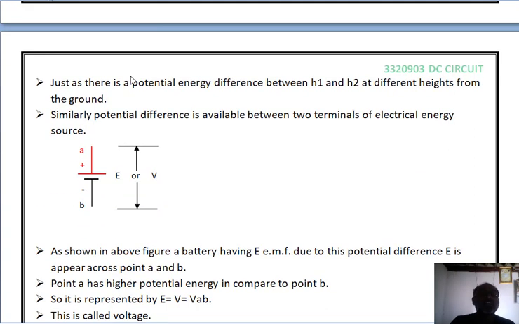Now similarly, the potential difference is also available across the two terminals of this battery, or we can say the two terminals of the electrical energy source.